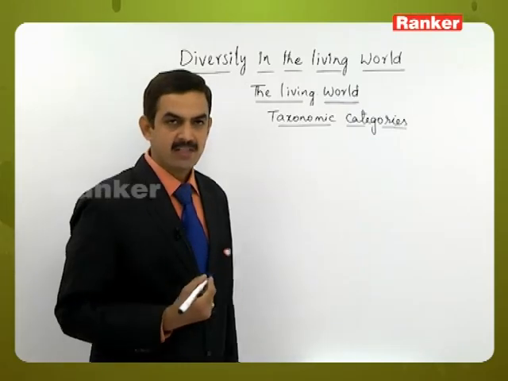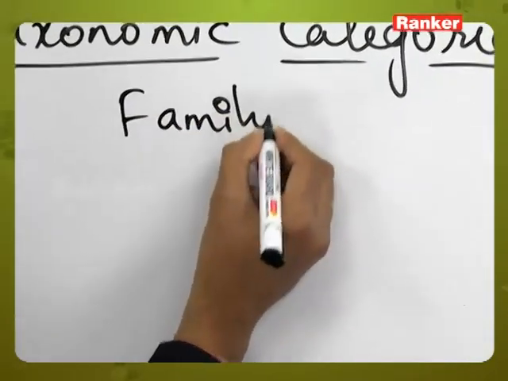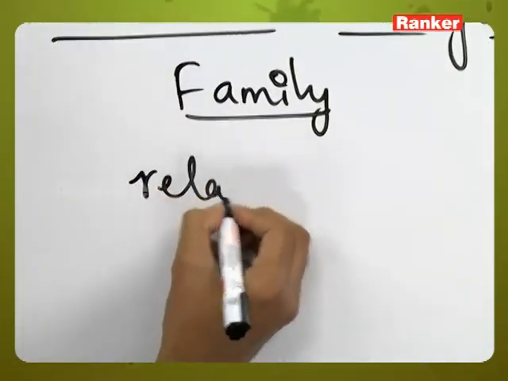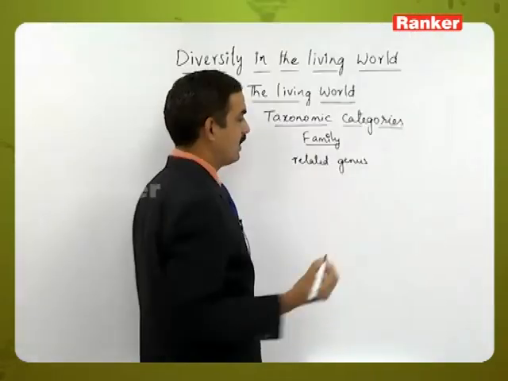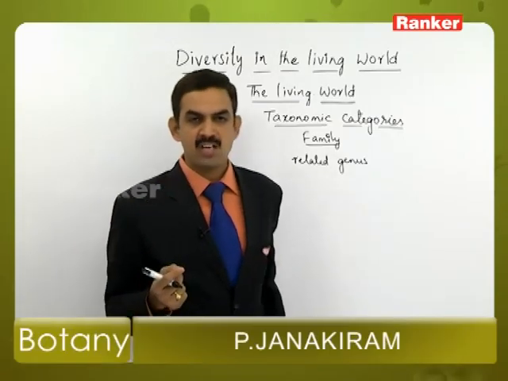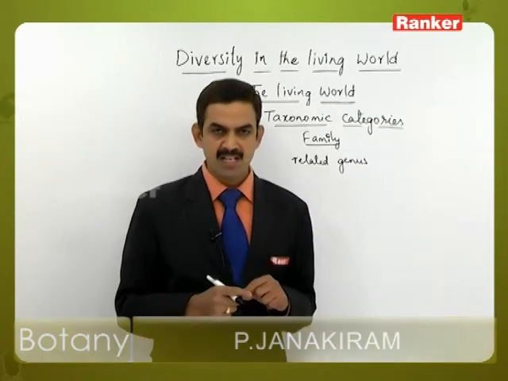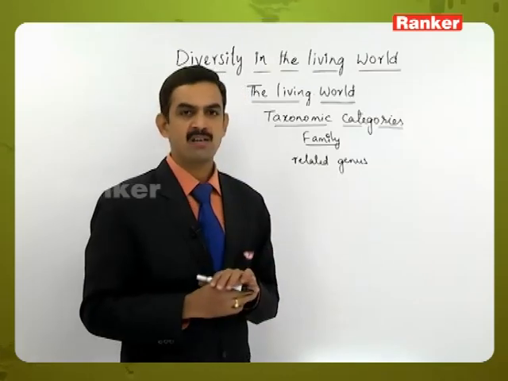In the taxonomic categories, the next one is the family. Here one family contains related genera. We already said that from one genus to another genus there are a lot of differences, but at the same time a few similarities are also there. The genera with a few similarities are kept under one family.